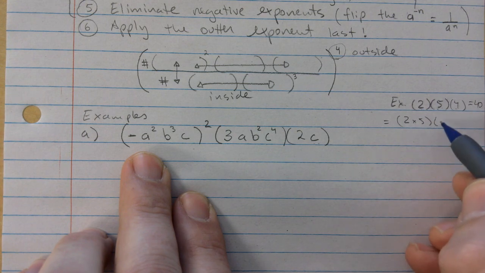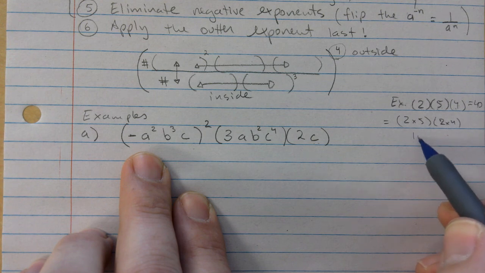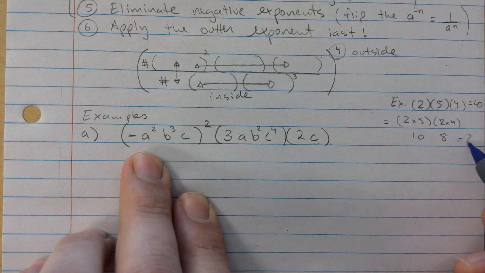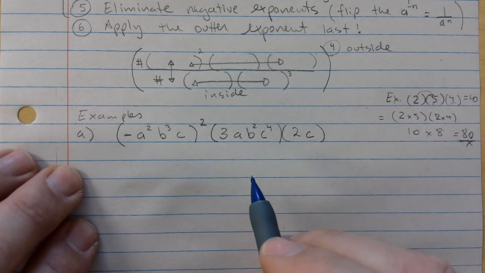And then 2 times 4, right? And this would be 10 and 8. That's 80, right? And that's wrong, right? This is not right. So whenever you have things multiplying, you're not distributing it amongst everything that's behind it. It's just right next to it. And then you get an answer and then take that and multiply it by that, right? Like it's like a chain reaction. Okay.